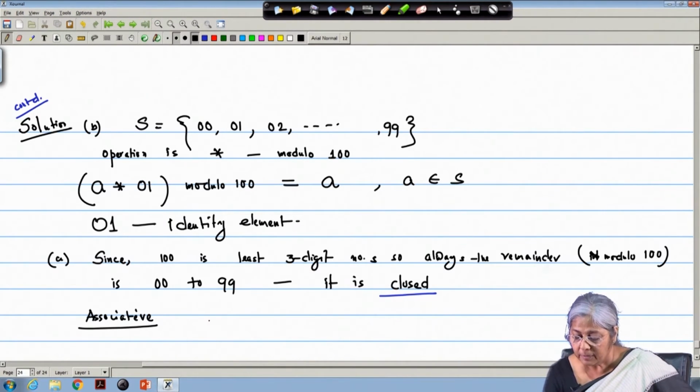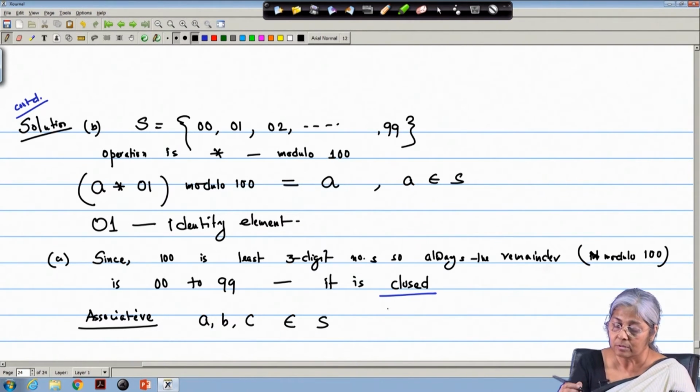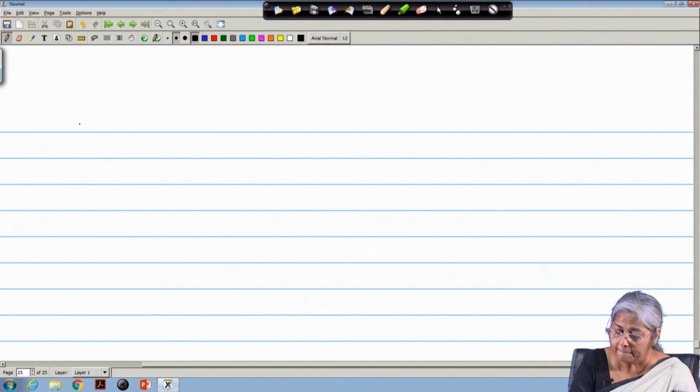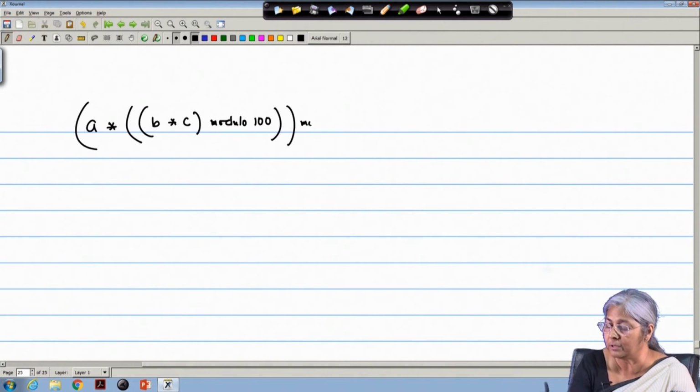So, if we consider 3 elements A, B, C of 2-digit numbers belonging to S. Now, since it is closed, if I consider first A star, B star C, modulo 100, and then again this is modulo 100.